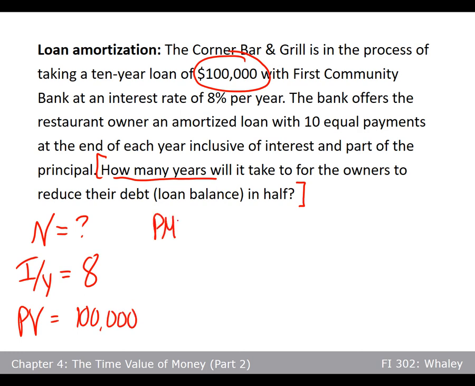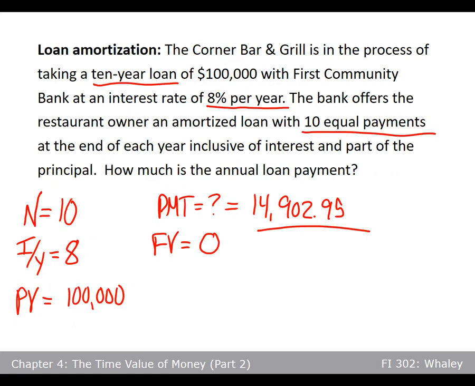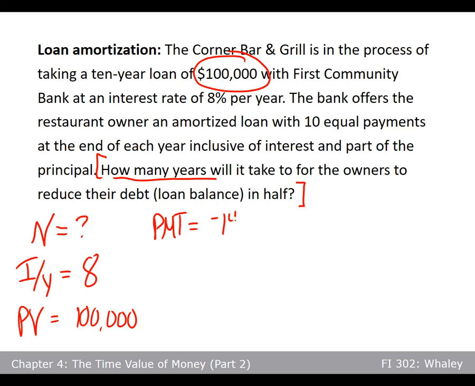Now the payment we calculated on the previous slide. It was $14,902.95, and in terms of calculator, it was negative because that payment flows away from you. Before, when calculating the payment, we decided the future value was 0. But in this case, the question is asking how long it will take to reduce the debt in half.